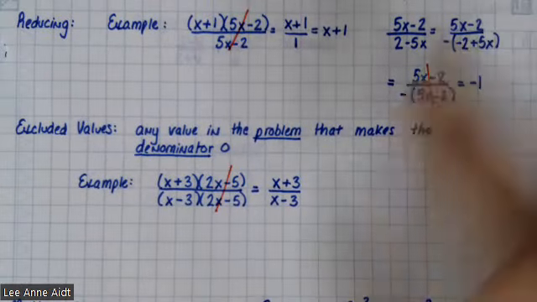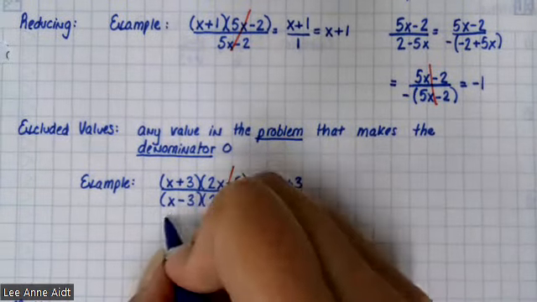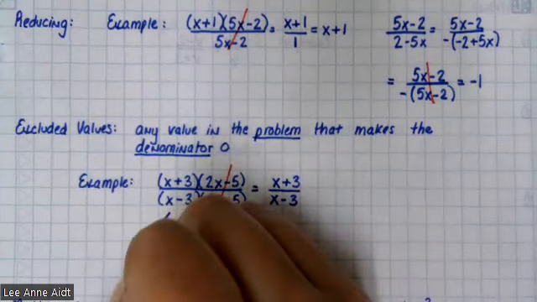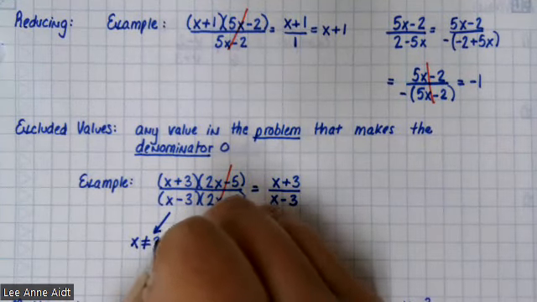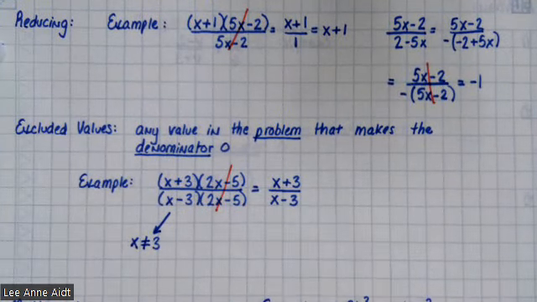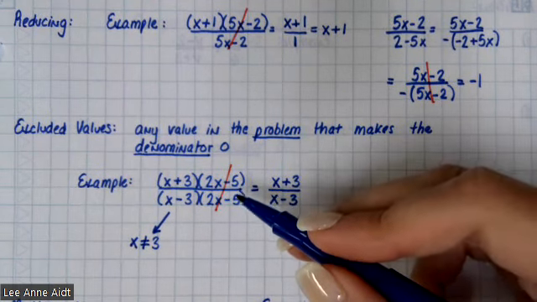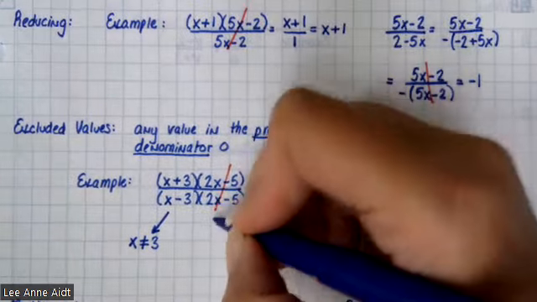Okay, that's the final answer for that problem. However, we're going to state the excluded values. So x cannot equal 3. And remember, we take our excluded values from the problem, not the answer.